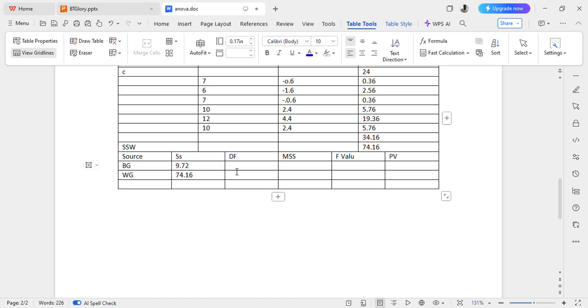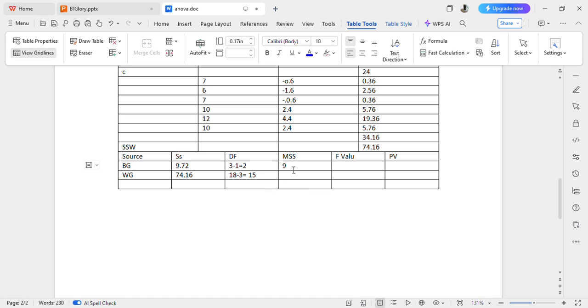The degree of freedom is 3 minus 1. It gives us 2. The degree of freedom for this is 18 minus 3. It gives us 15. Wow. And then we now come to mean sum square.